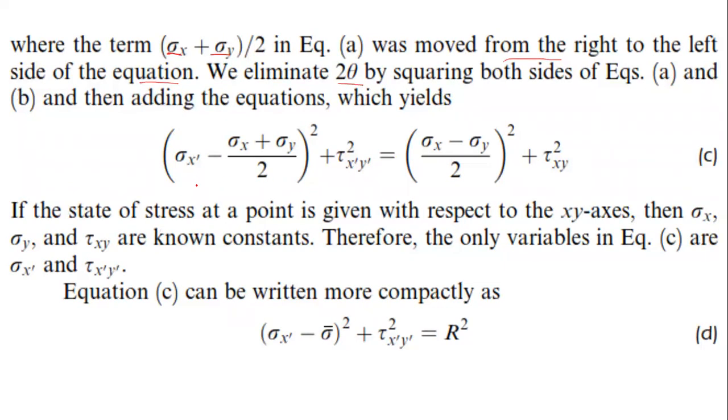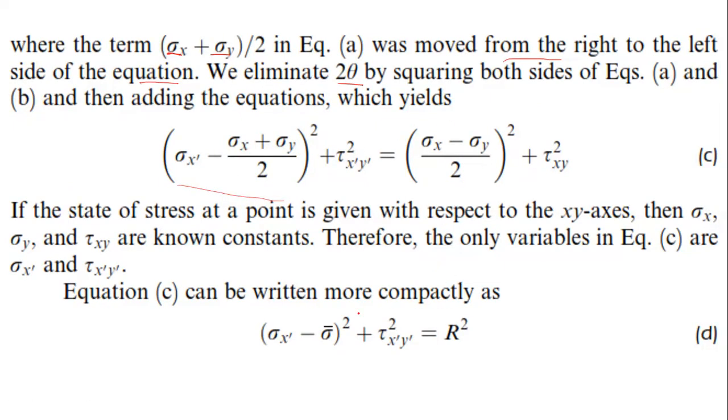So as you have seen, this equation is the equation of a circle with center at the sigma average, or sigma bar, sigma x plus sigma y over 2, then 0.